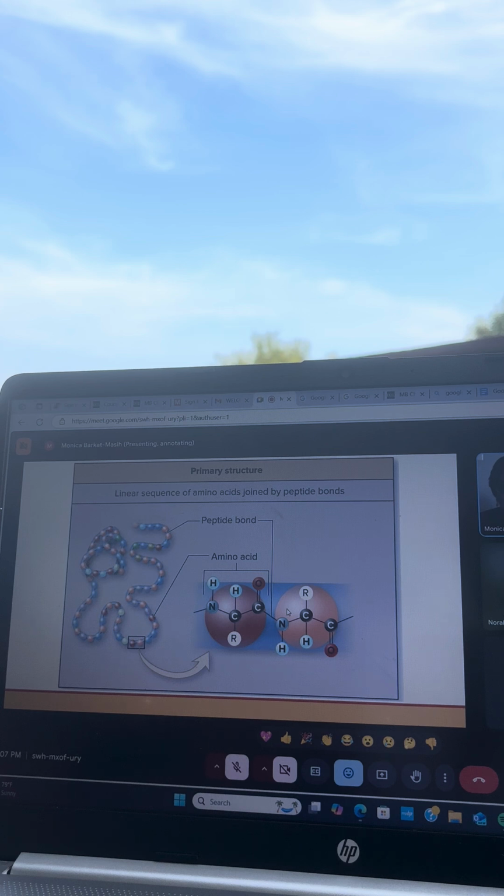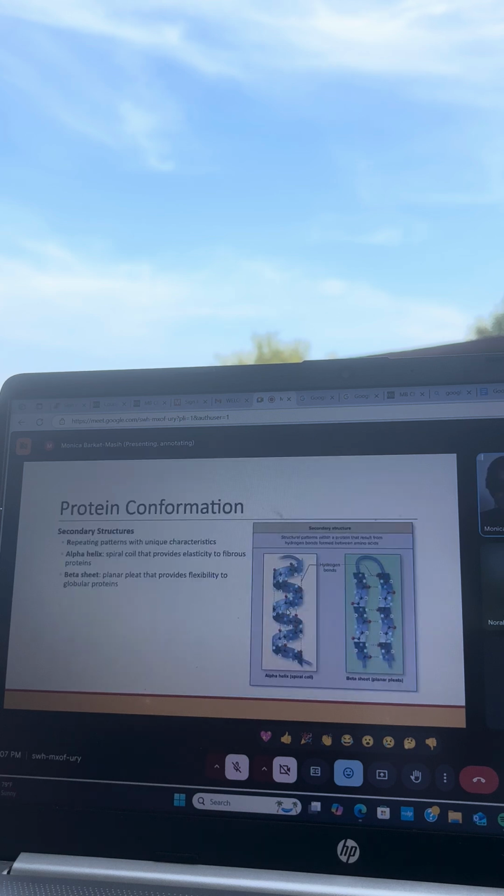That is the primary. Then what is secondary? So the primary gets modified. It may still be linear, but then you add more to it. Either you make it a spiral, or it has pleats. That would be the secondary.